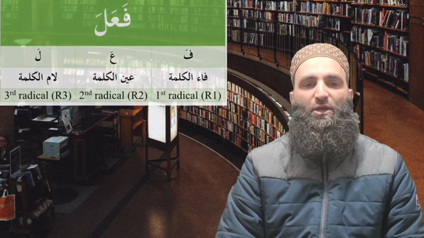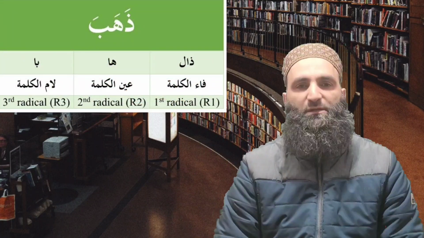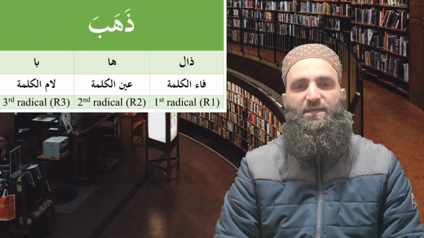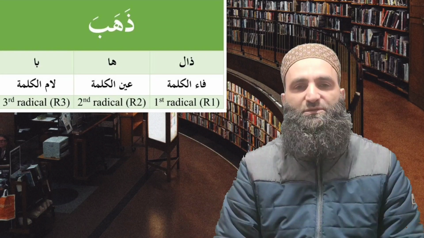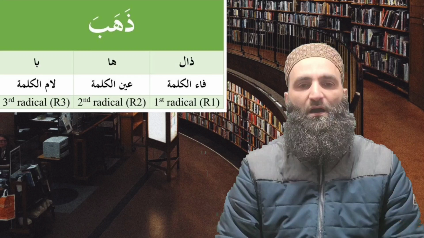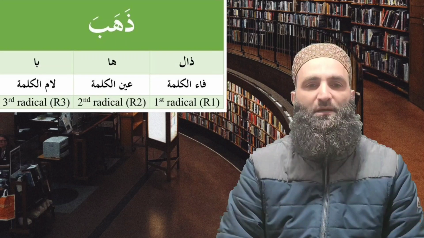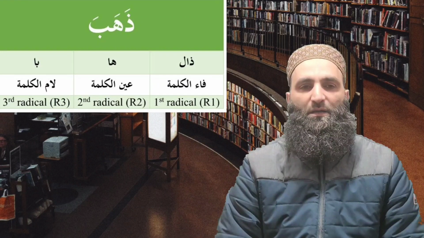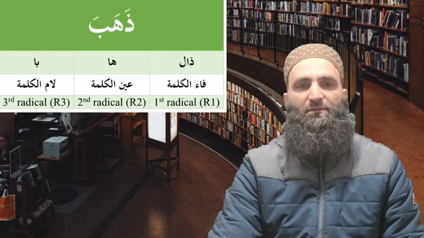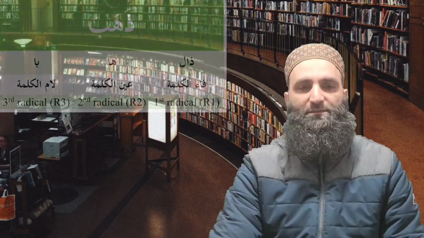In this way, we can say about zahaba. For example, we have the verb zahaba. So we say zal is the fa'ul kalima, that is the first radical, and then ha is the ainul kalima, or the second radical, and ba is lamul kalima, or the third radical.